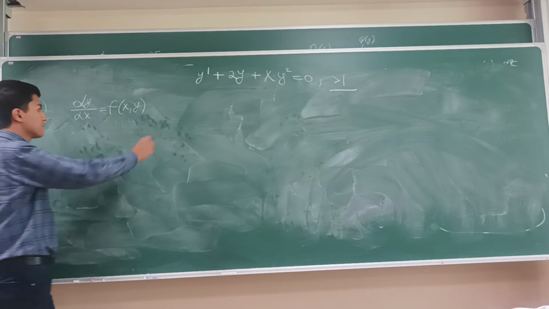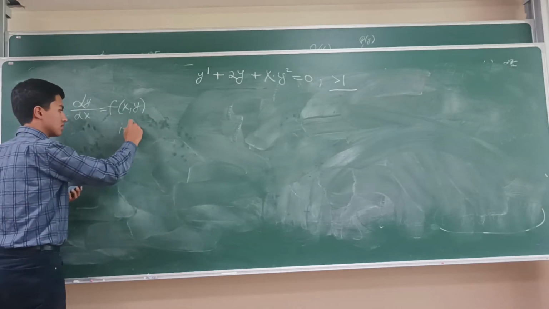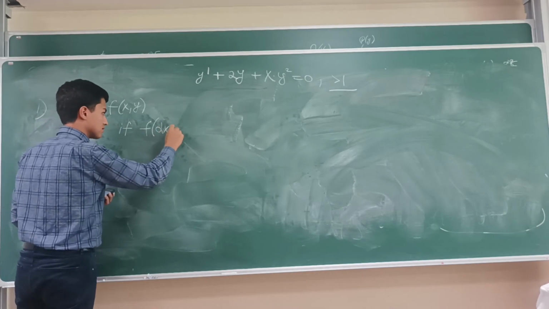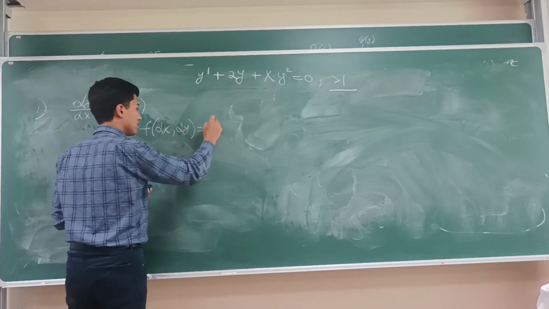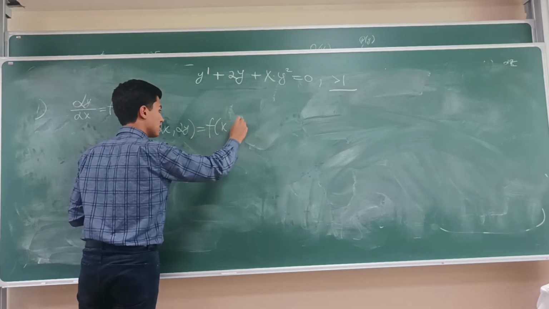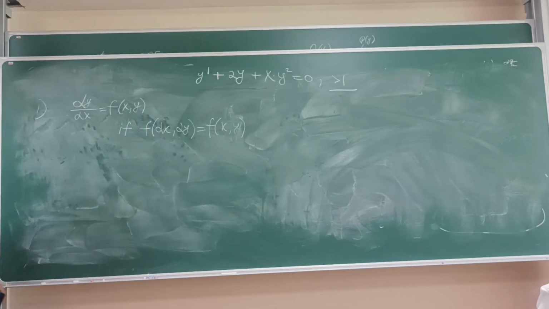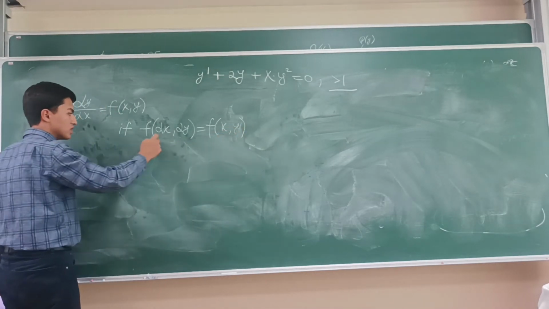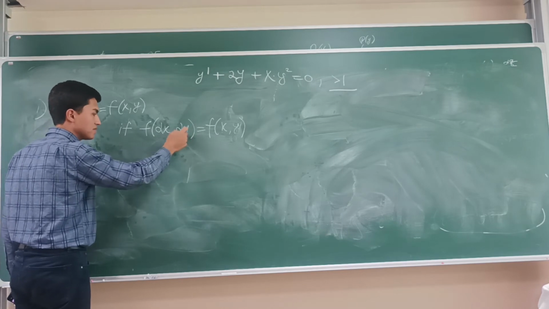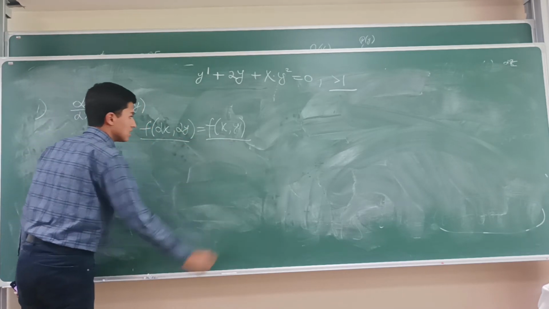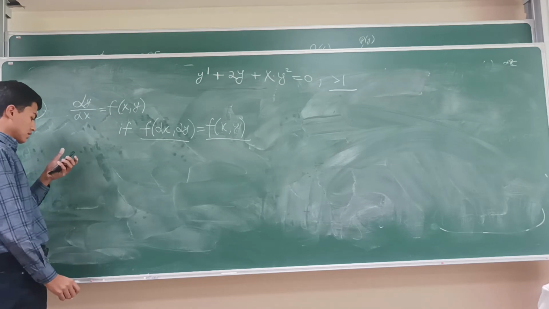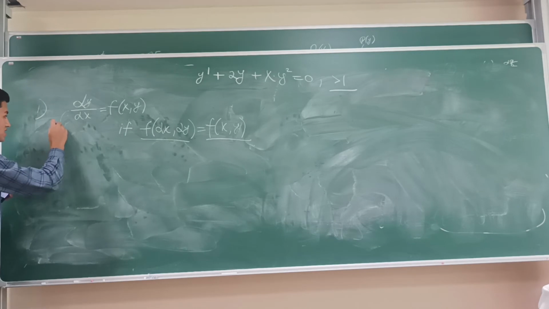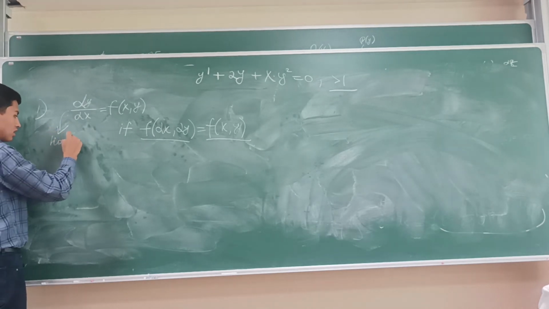So if f(αx, αy) equals f(x, y), what does it mean? If instead of x and y input you give αx and αy as input, and the output is the same, then it's homogeneous. I mean, this equation is a homogeneous equation.